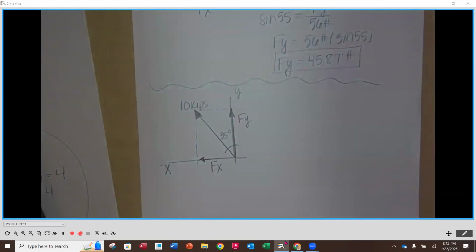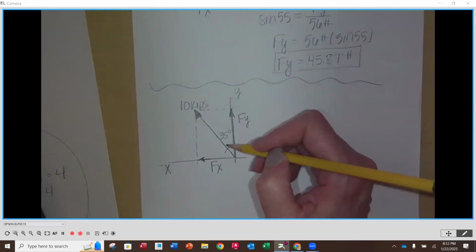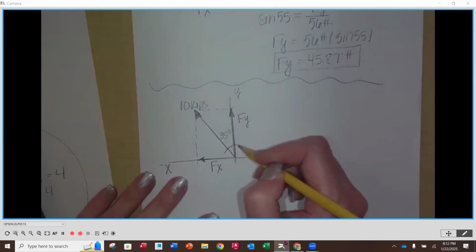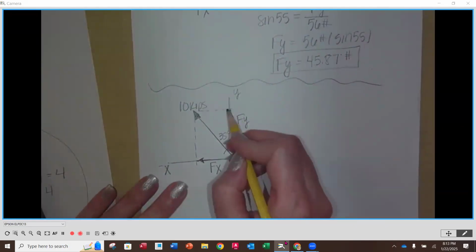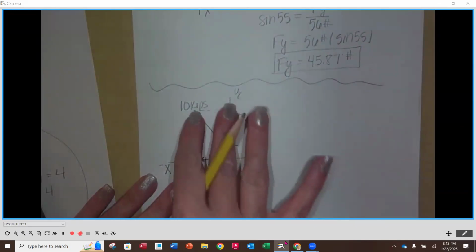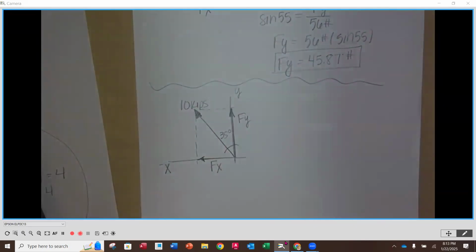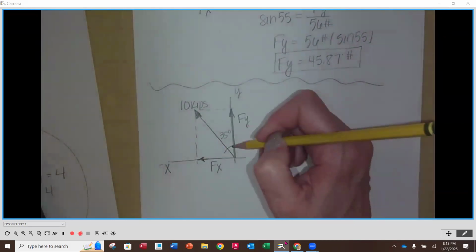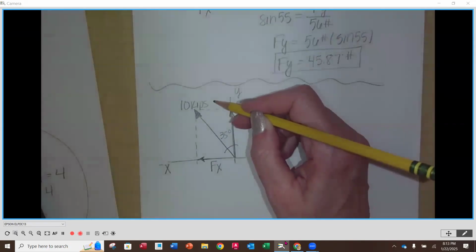Okay. So now as we look here, if we want to solve for the X component, the position of the 35 degrees is here this time. It's a little bit different. So if we look across up here is where we have our equivalent length to the FX. But remember, we're not going to float our FX up top over there. We're just going to imagine it's the same length. So if we look at where 35 is, it would be the side opposite that we're looking for, right?